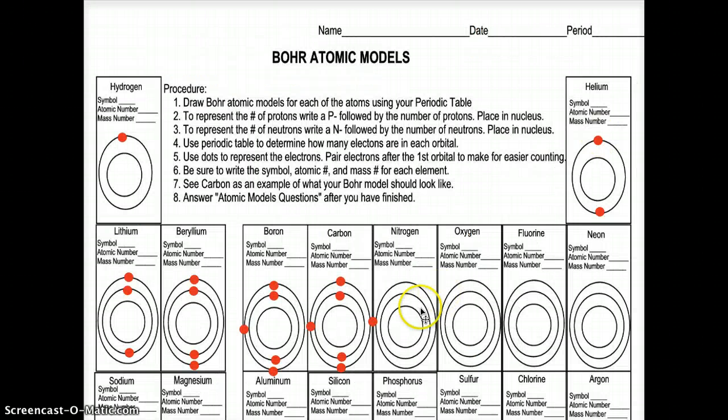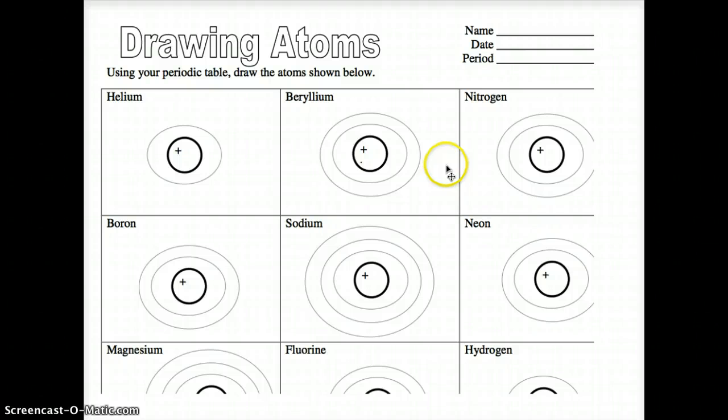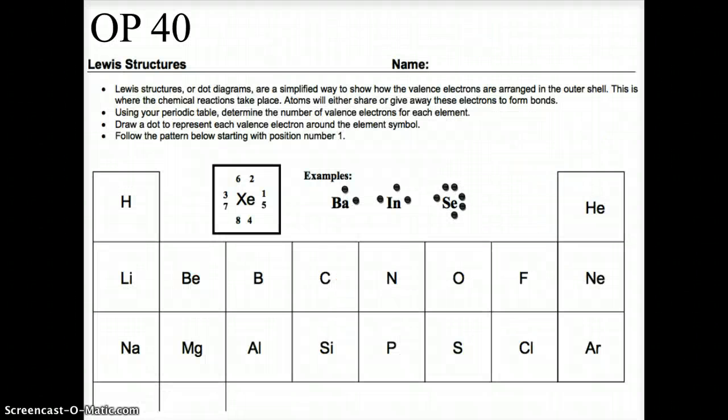And if you're in my class, you guys can use this page where we use the Bohr diagrams, and we actually already figured out how many valence electrons, remember those are the electrons on the outermost shell, are in each atom. So use this as a reference, and if you've already done this page if you're in my class, or done this page if you're in Mrs. Brown's class, then today's assignment should be pretty easy.